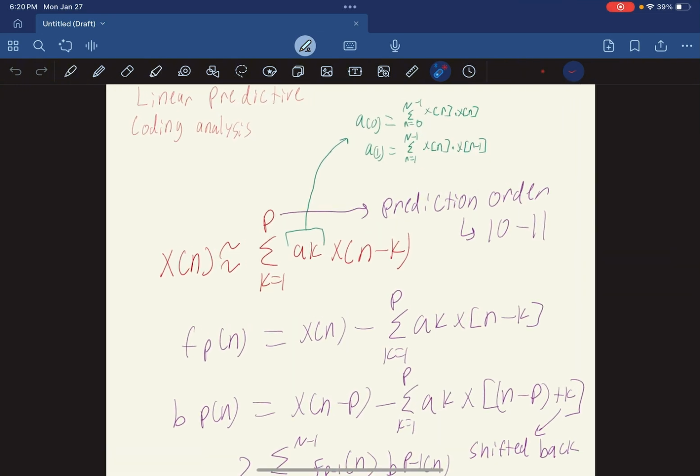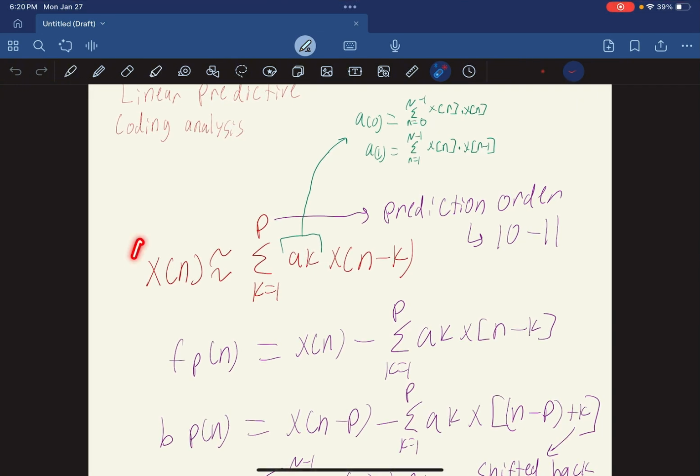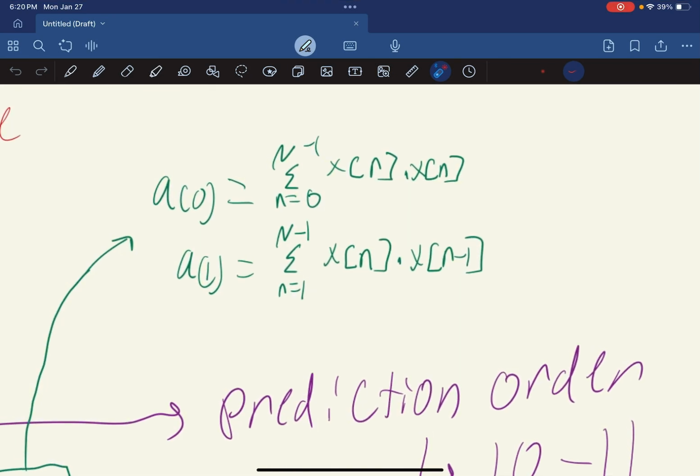what we're trying to do is approximate our signal with a linear combination of time-shifted versions of our signal. And we're going to multiply each time-shifted version of our signal by a coefficient. Each one is going to get its own unique coefficient determined by an autocorrelation.